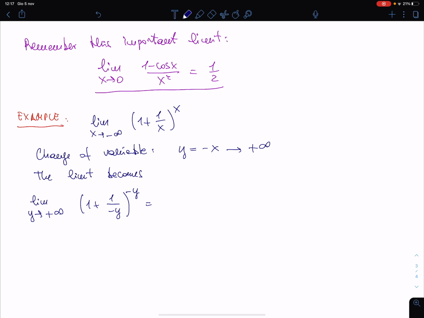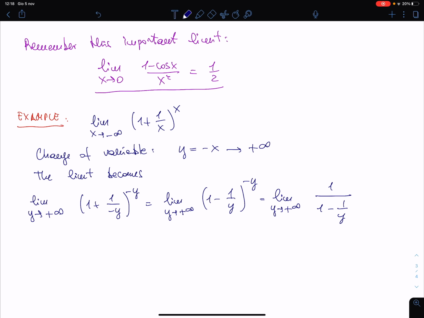So this is equal to the limit for y going to plus infinity of 1 minus 1 over y to the power minus y, which amounts to the limit for y going to plus infinity of 1 over 1 minus 1 over y to the y.